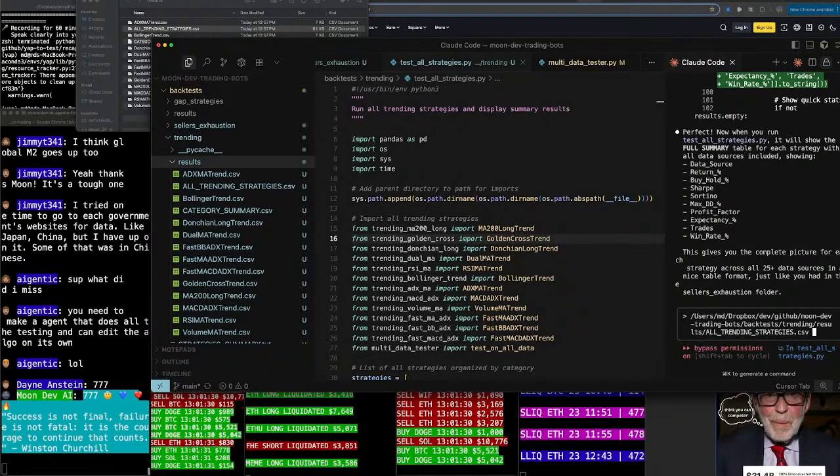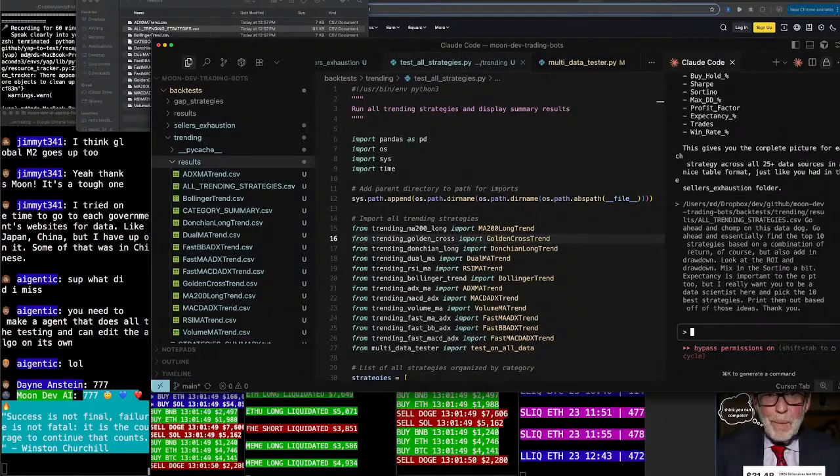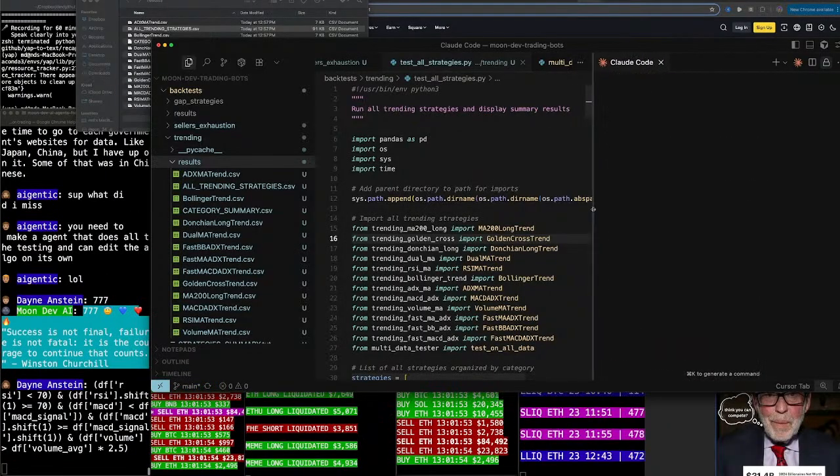Expectancy is important to be over 0.2, but I really want you to be a data scientist here and pick the 10 best strategies. Print them out based off of those ideas. Thank you. See, I should make a sub agent that's a data scientist.